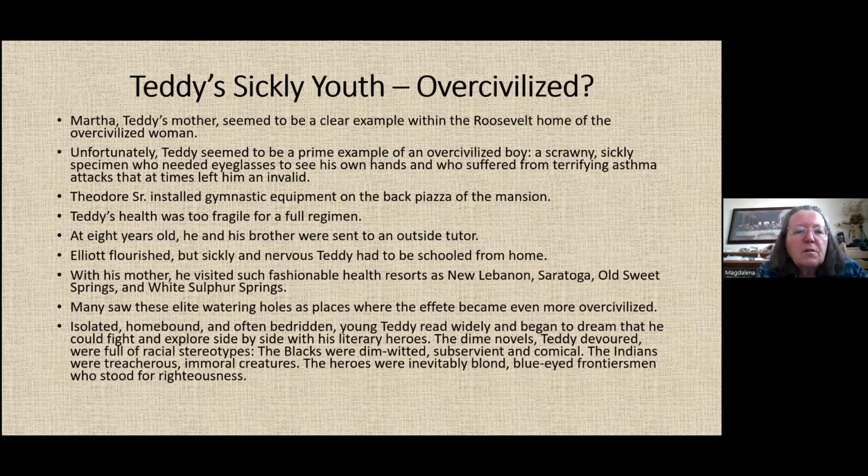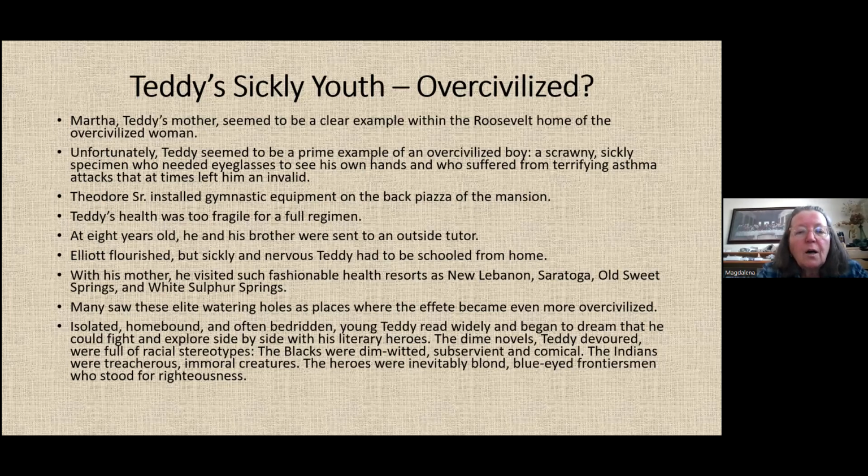Theodore Sr. installed gymnastic equipment on the back piazza of the mansion, but Teddy's health was too fragile for a full regimen. At 8 years old, he and his brother Elliot were sent to an outside tutor. Elliot flourished, but sickly and nervous Teddy had to be schooled from home.